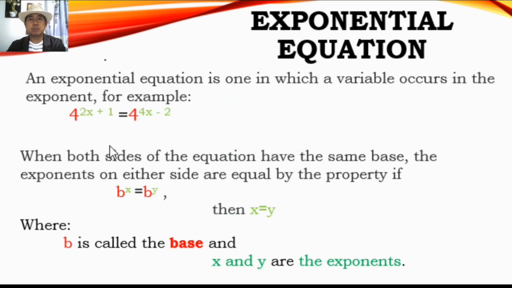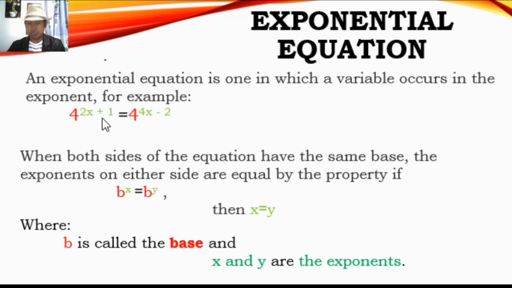To continue solving the problem above, which is 4 raised to 2x plus 1 and 4 raised to 4x minus 2, you notice that the bases are equal. They have the same base of 4. So if they have the same base of 4, we bring down their exponents, as in b raised to x and b raised to y, wherein x must be equal to y.